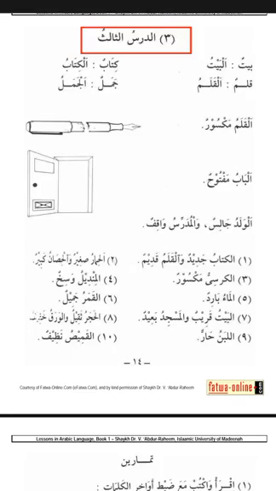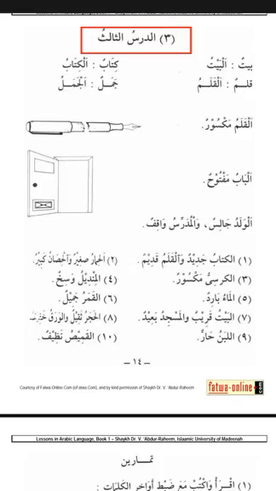We all know definite noun and indefinite noun in our English. Definite noun here is a noun, an Arabic word with alif and lam at the beginning. Alif and lam, which is al, means the.